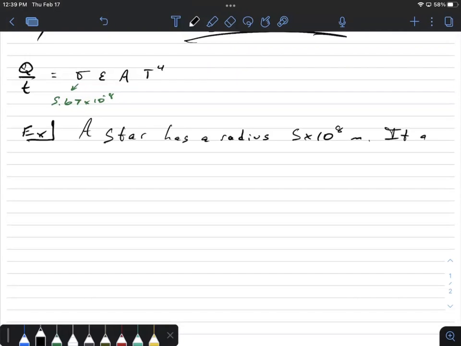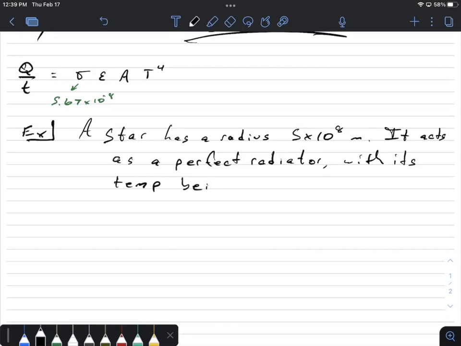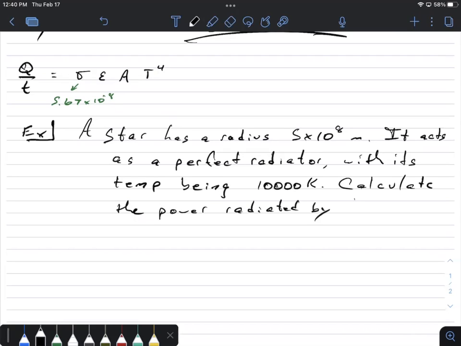It acts as a perfect radiator with its temperature being 10,000 Kelvin. Calculate the power radiated by this star.